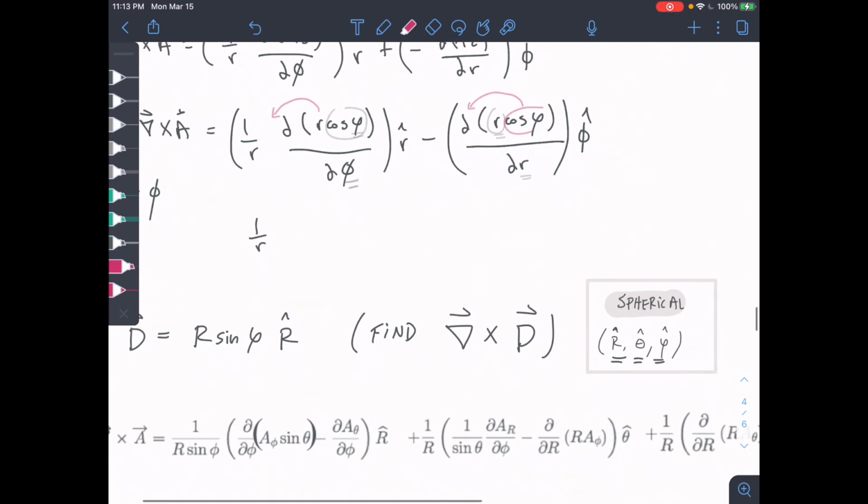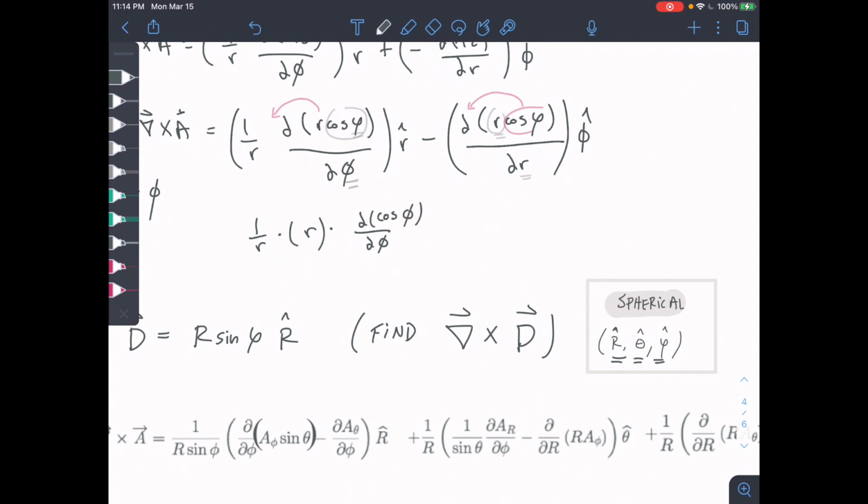the denominator to the outside. So over here we're going to have cosine of phi times the derivative with respect to phi of, oh sorry, I pulled out the wrong piece. So we're going to have r, and then the derivative with respect to phi of cosine of phi, d phi.